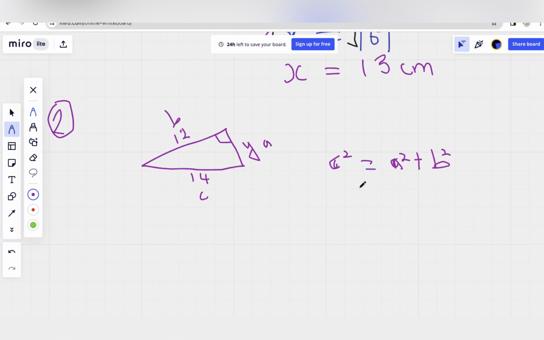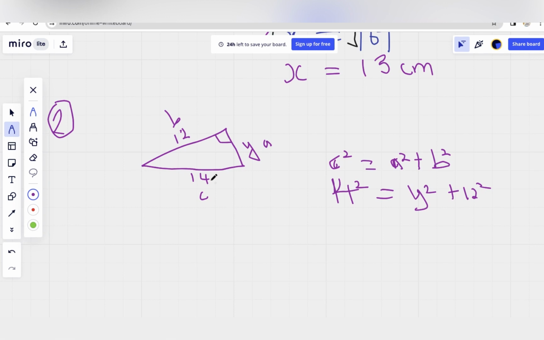So if you apply that same logic here, you have 14 square is equal to a, which is y. So y square plus 12 square. In this case, we're going to make y square the subject.